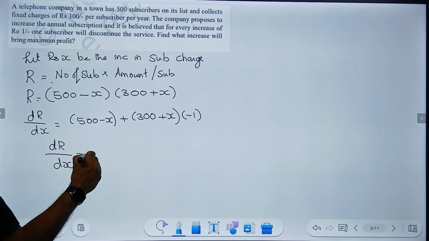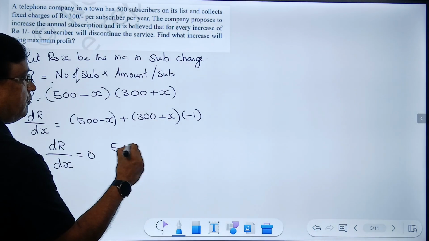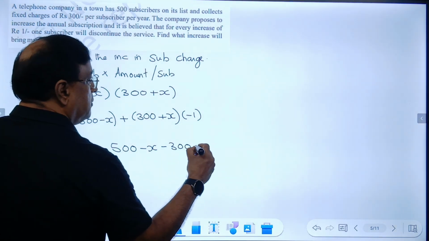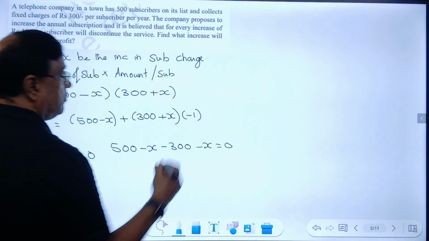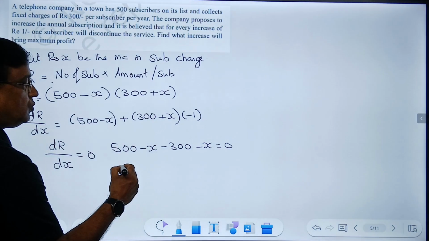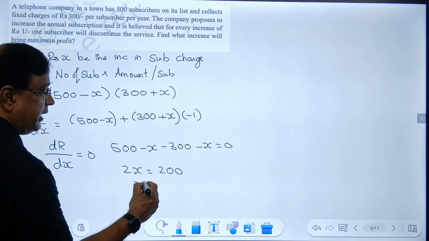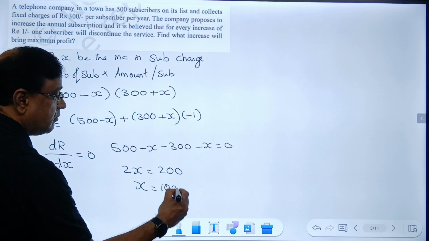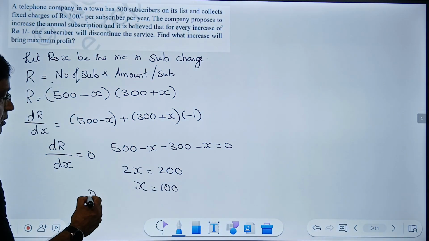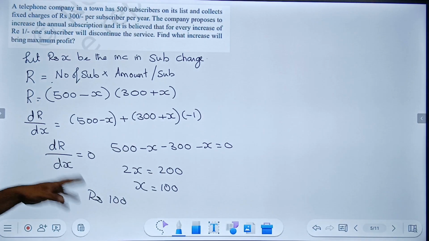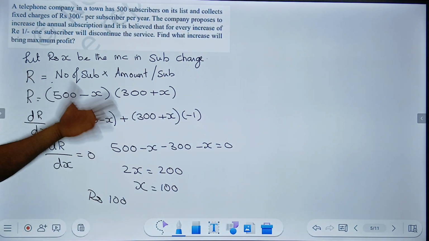So I get 500 minus X minus 300 minus X equal to 0, so 2X equal to 200, so X is going to be 100. That means the increase will be 100. I have to increase rupees 100 to get maximum profit.